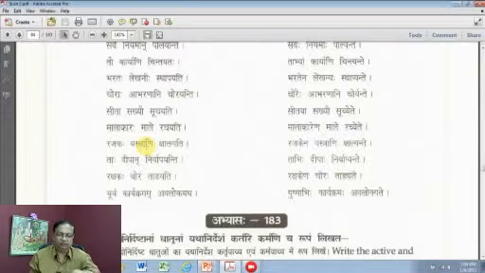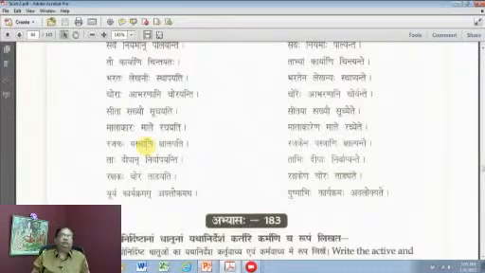Okay, starting from rajakah. When I come across this word, I get a famous subhashita. I told you, I think. Shrotarah kim karishyanti yadi vaktarah; kim karishyanti yadi shrotarah na vidyante. What will the speakers do if there is no audience?